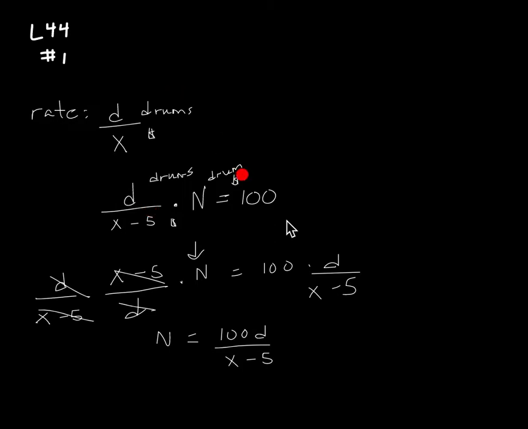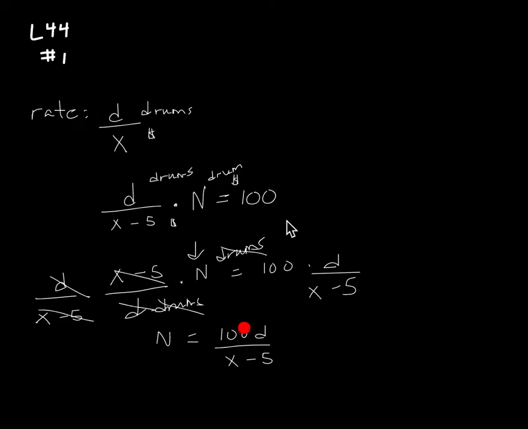Initially I put the rate like this because I didn't know which way I was going to use it. And then I found out that I want dollars, so I had to put the drums needed to cancel out. So I had to flip it right here. So this would be drums, and this would be drums, right? And they would cancel each other out, and we'd be left with the dollars.